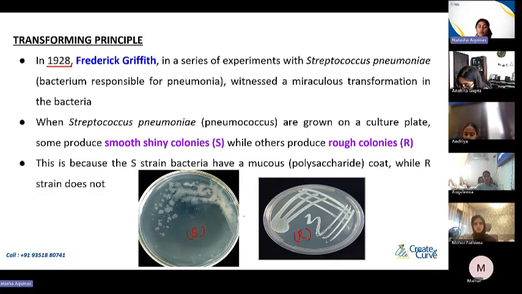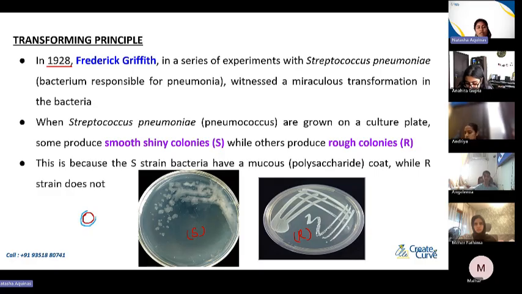Now, why does one type of this Streptococcus produce smooth colonies, and why does the other produce rough colonies? This is because the S strain bacteria have a mucus polysaccharide coat. Let us say this is the bacterium. Around the bacterium, it has a polysaccharide coat.